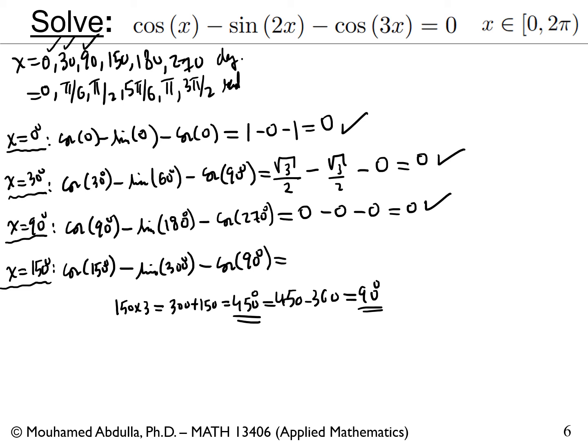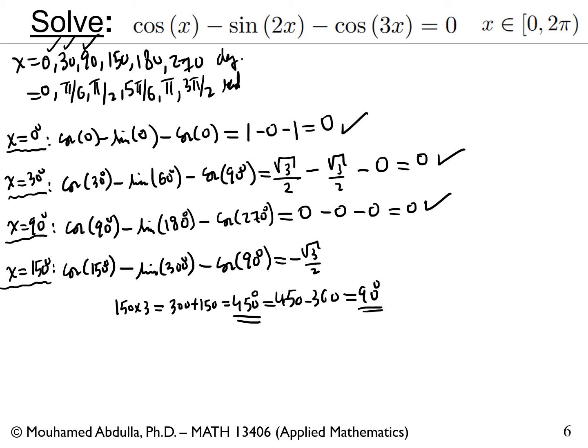So let's give it a try. What happens at cosine of 150 degrees? It's similar to 30 degrees, but it's going to have a negative value, so it's going to be minus root 3 over 2. 300 degrees is similar to 60 degrees, but it's in the fourth quadrant.